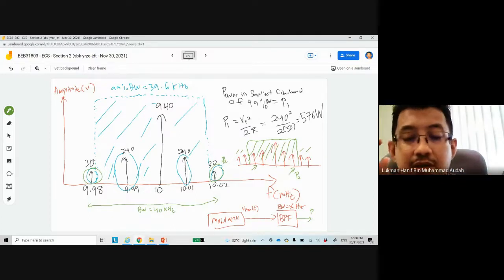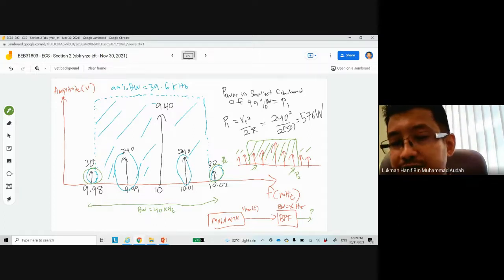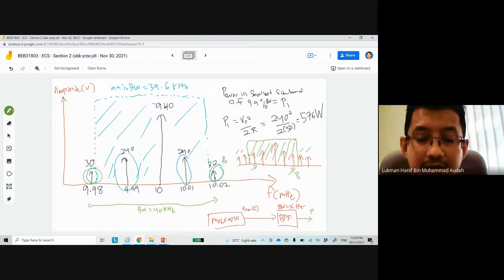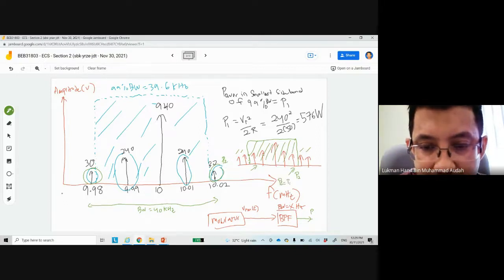Okay, and if let's say the question asks about the total power, the new total power after band pass filter, you can do like this. P total is equal to P0 plus 2 times P1 plus P2, in my example.